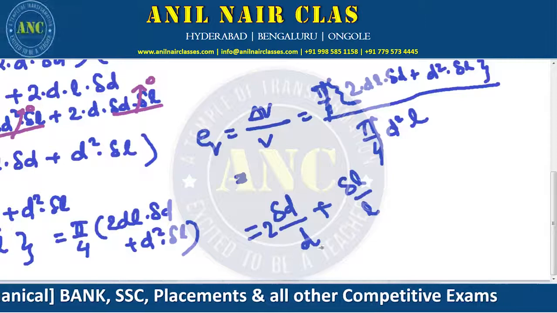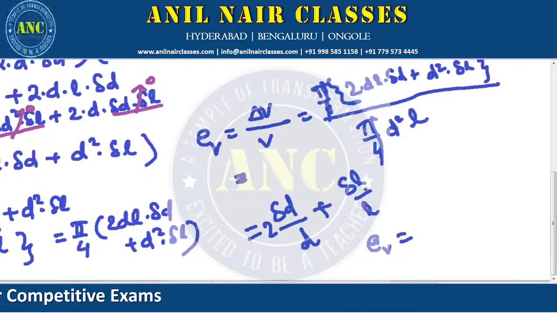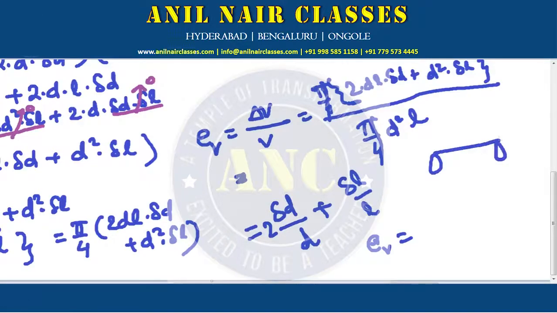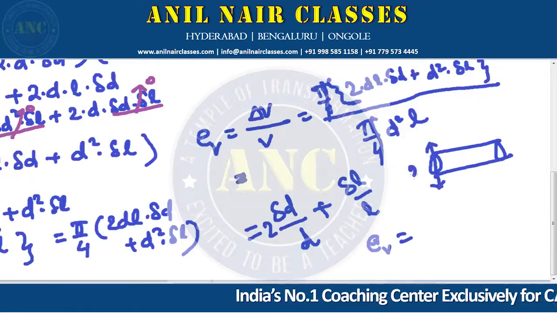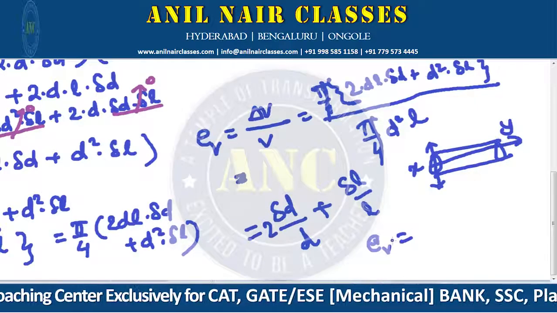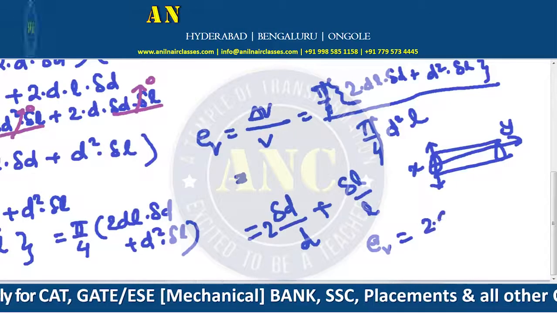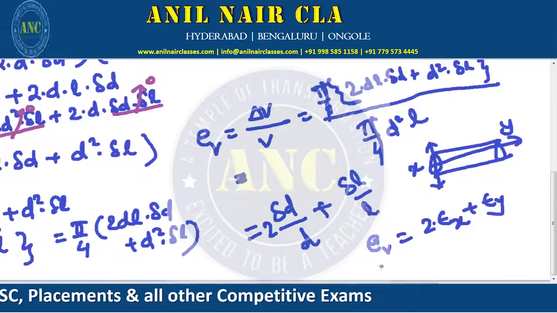So from here we are quite clear that for the volumetric strain, if you take this cylinder where d is considered in the x direction and L in the y direction, then the volumetric strain will be 2 times the strain in x plus 1 time the strain in y, correct or not?